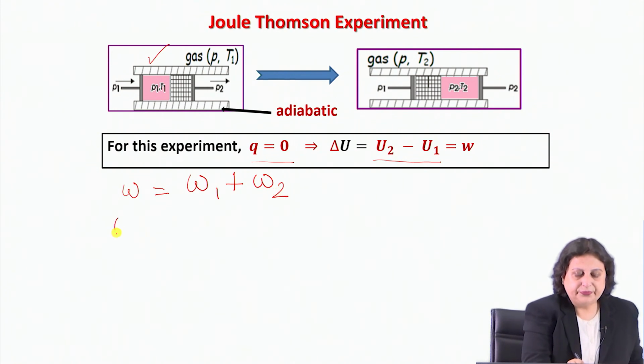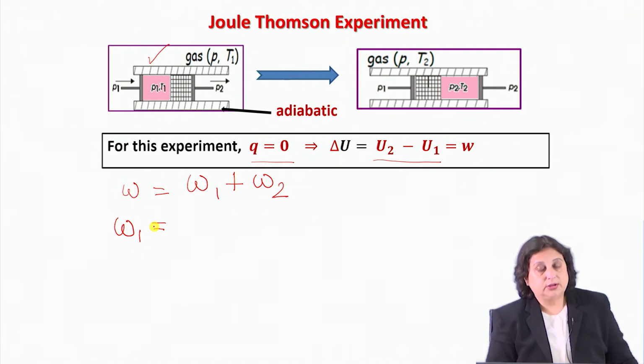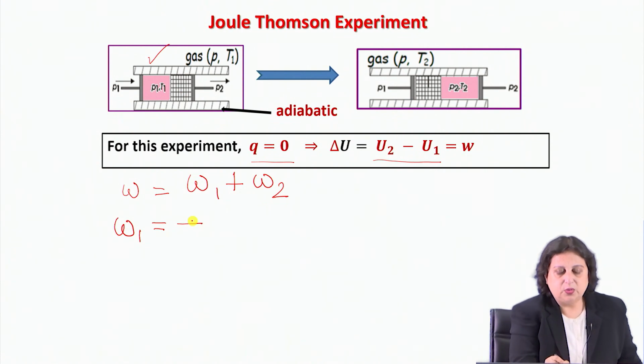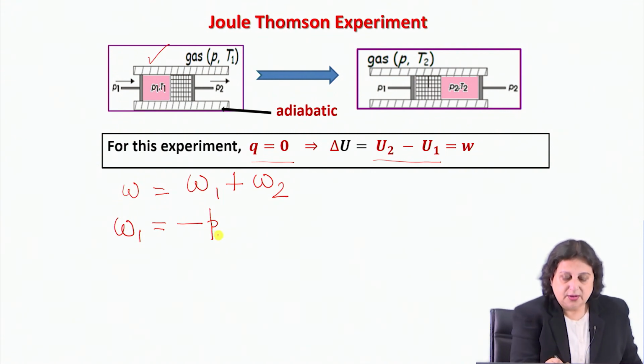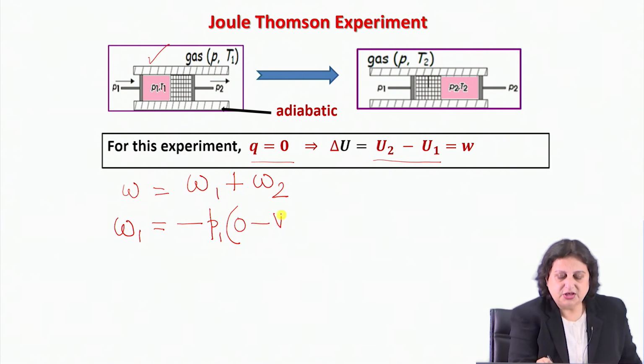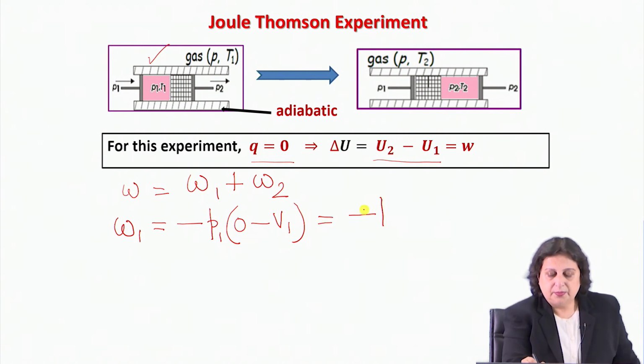Now, what is W1? In this case, W1 is compression of the gas against a constant external pressure, whereby its volume goes from V1 to 0. So, what is P external here? W1 must be P external into V final minus V initial. Here, P external is P1, V final is 0 and V initial is V1, and therefore W1 is equal to plus P1 V1.